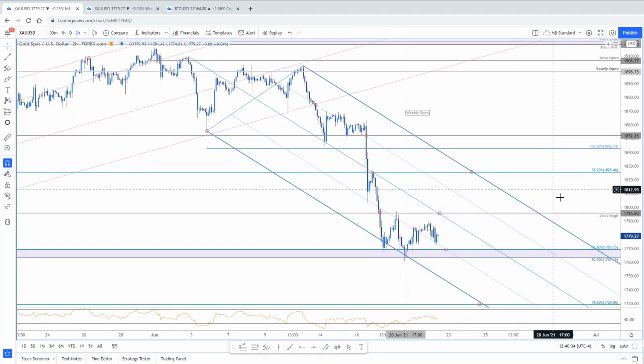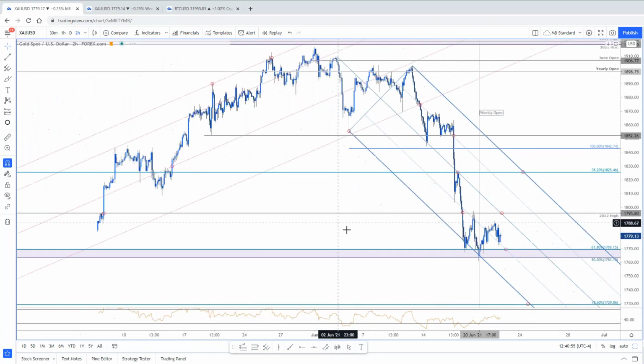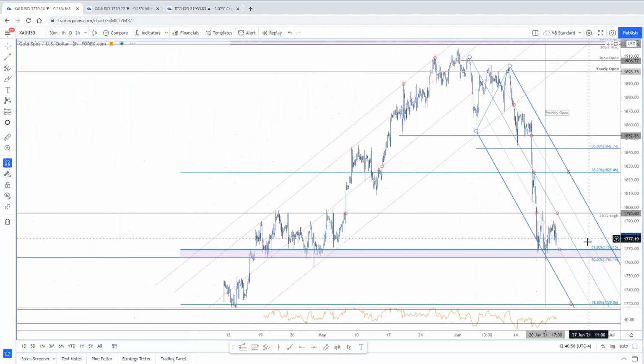Now, it's important to note, as per the question earlier, Jimmy, was that you asking about how do you identify tops and bottoms? This is an example. How do I know when the pressure is over? Well, that's easy. You need to see a break of downtrend resistance. So you have a confluence zone right now at 1795. That's the objective 2012 high, okay?